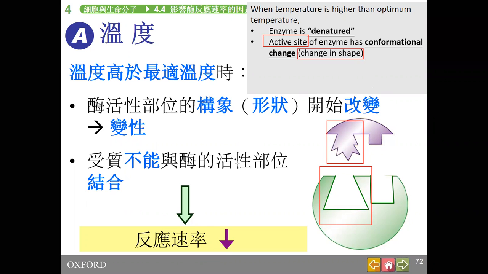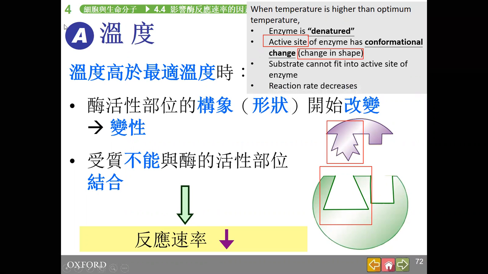So it's different. So they cannot combine. Substrate cannot fit into the active site of enzyme. So they cannot form enzyme substrate complex.